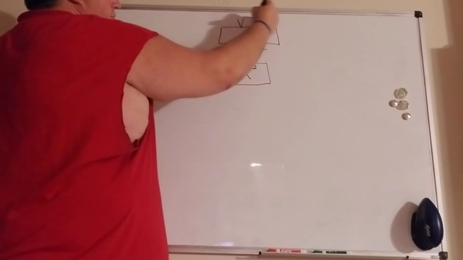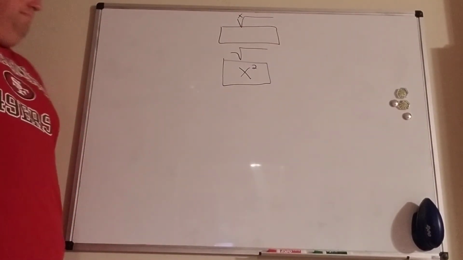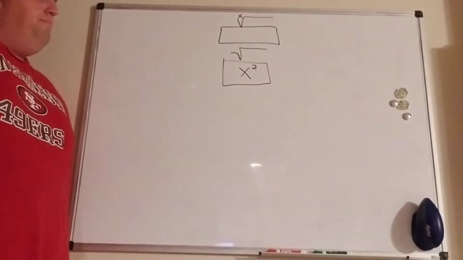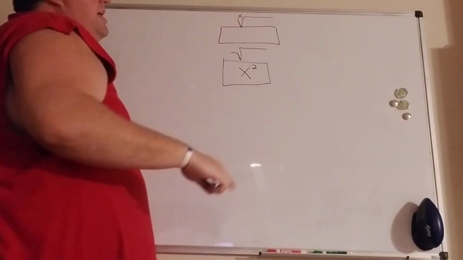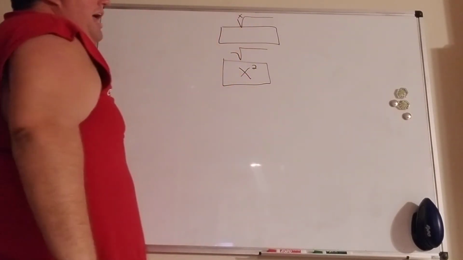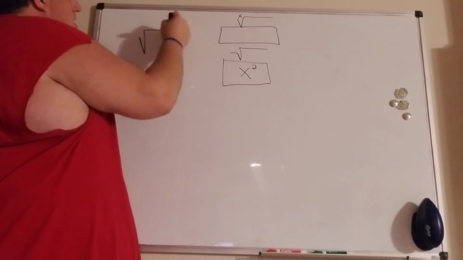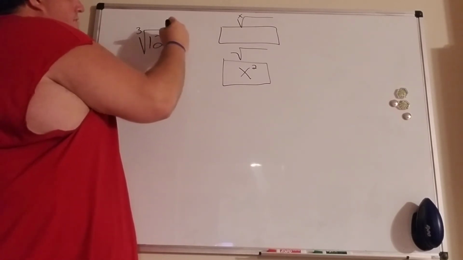But that one has a root, but it has a little x up here. That's the button we're going to use to do any root that's not a square root. And what you have to do to use this is you first have to put in what you want x to be. So let's say I wanted you to do the cube root of 125.